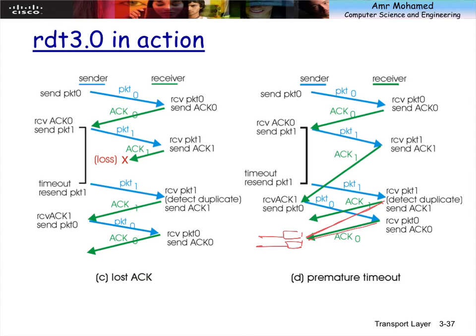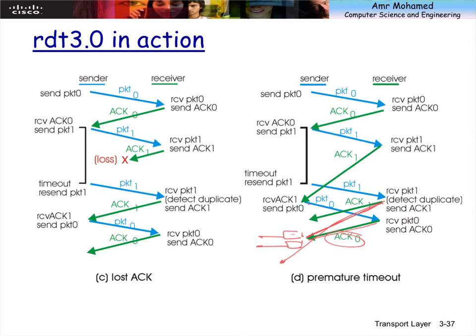If I receive the acknowledgement for packet 0, here packet 0 was sent, so I will accept it, no problem. If after some time the acknowledgement for packet 1 was received after packet 0, I will just discard it. In both cases I will discard it.